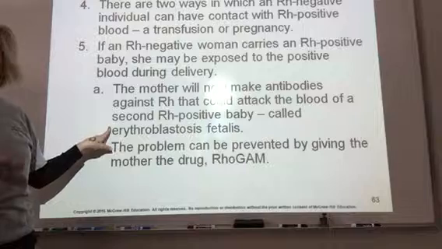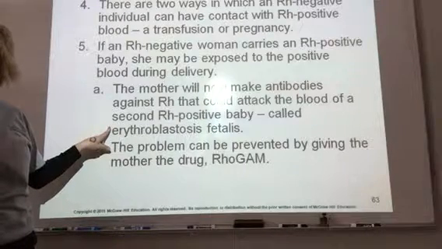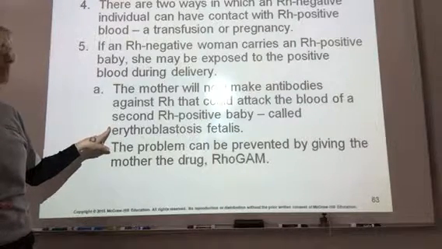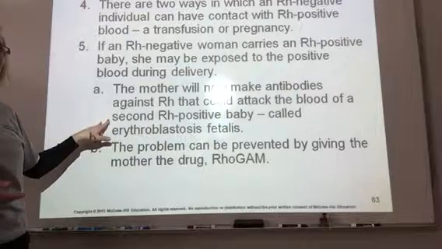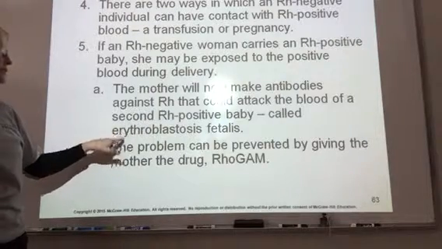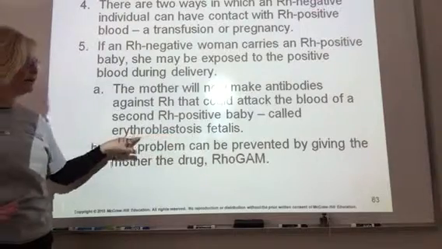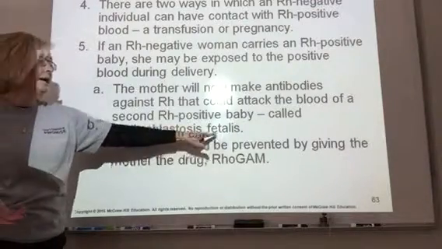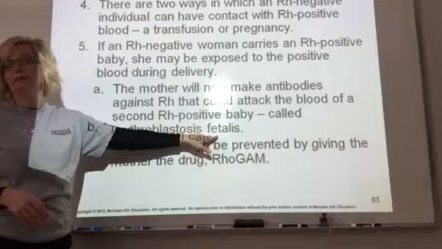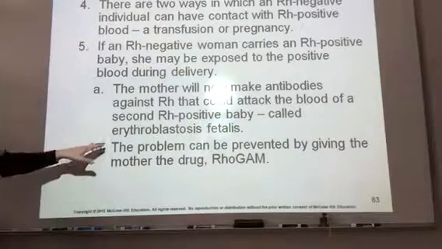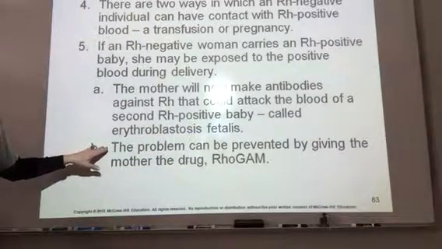So the first baby's fine no matter what, because she has not produced antibodies. It's the second baby that it would affect, and it's called erythroblastosis, basically clotting of the red blood cells. It can be fatal. So not to be nervous.